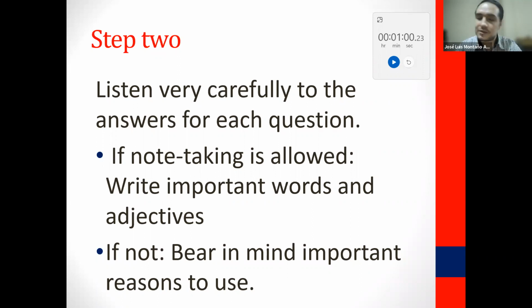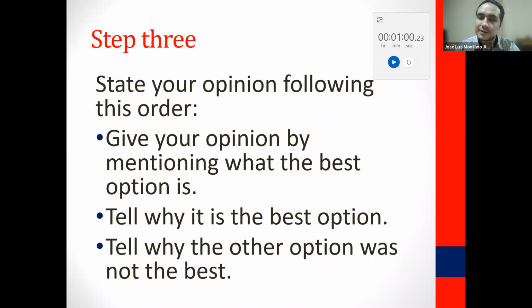But sometimes in the future, for example in the Cambridge exam, you're not going to be allowed to take notes. So you have to bear in mind important information, reasons, and disadvantages to use in your future responses. Step three: state your opinion following this order.